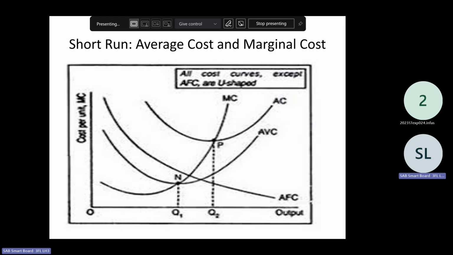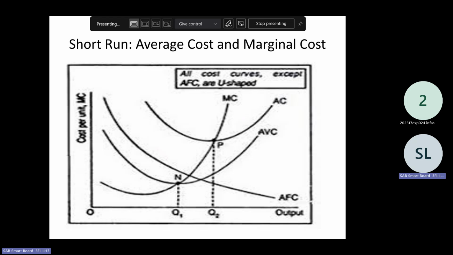And the average fixed cost curve continuously decreases when you increase the output level, because the total fixed cost is constant, so the unit cost continuously decreases.